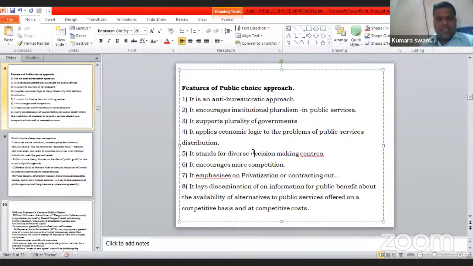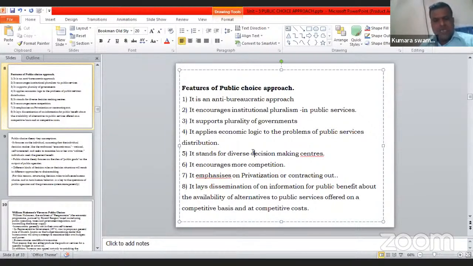First one, it is the anti-bureaucratic approach. It is a critique of the bureaucratic model of administration, because bureaucrats work for self-interest. Due to that reason, this is the anti-bureaucratic approach, and it encourages institutional pluralism in public services.